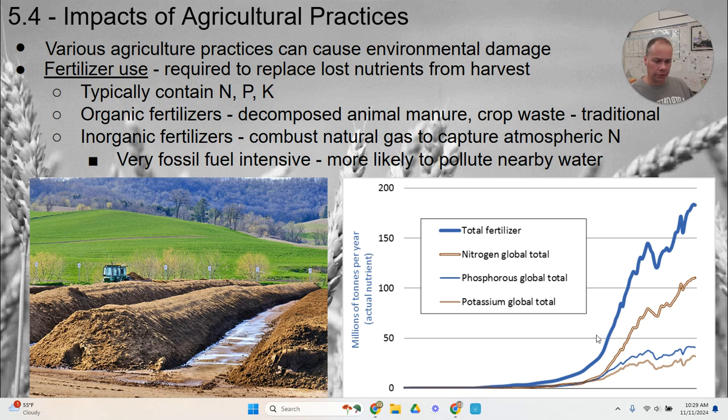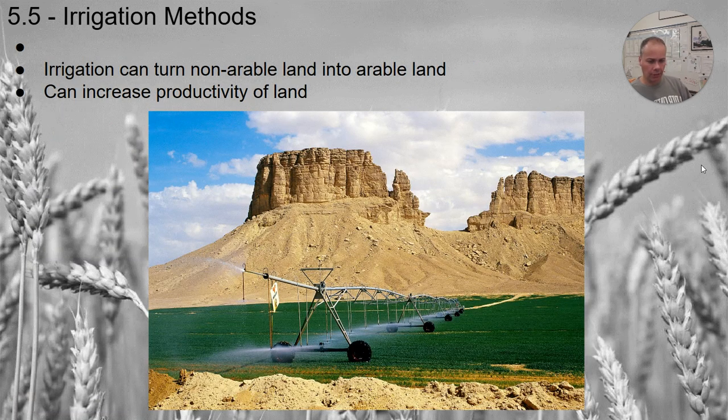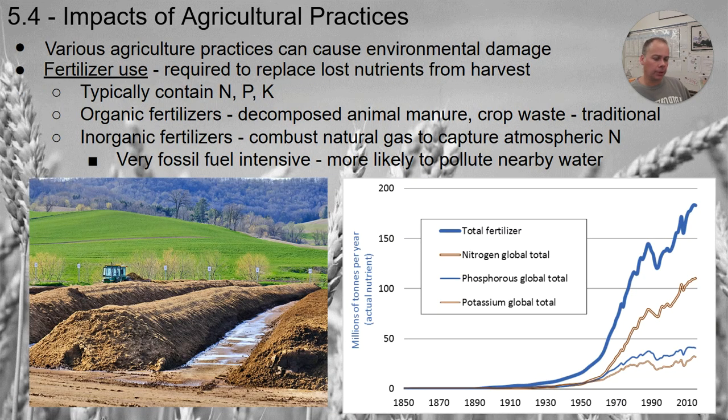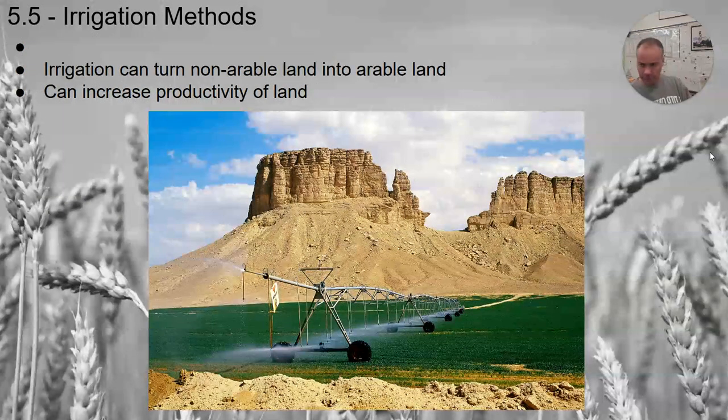So the total fertilizer is this dark blue line. Obviously, it's drastically increased. We have nitrogen, phosphorus, and potassium as well. And so these are those synthetic fertilizers that were first developed around World War II. We can see that here. That's when these fertilizers took off.